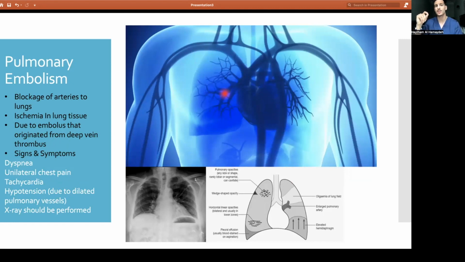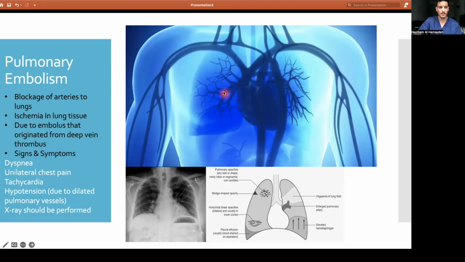There's a blockage because of an embolism that originated from a thrombus that was in the vein. So a deep vein thrombus is a source of an embolus that traveled from, let's say, the legs all over to the heart, pumped into the pulmonary circulation to go to the lungs. And so a blockage, as you can see here, has evolved.